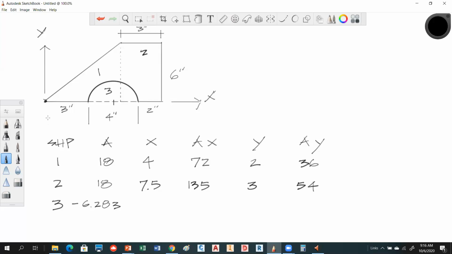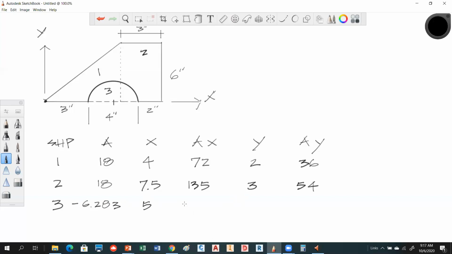So we need the distance from here to here. This guy's oriented just like the shape. And notice if that was the origin, it would be just 2. But since we're 3 over, we're going to have 3 plus 2 to get to that point. So that gives us 5. So we're going to take 5 times the area.